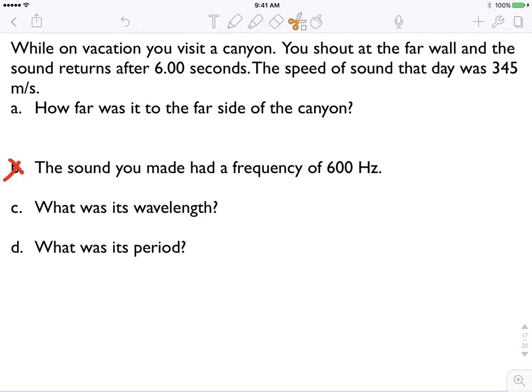First we're going to solve for how far, so delta x. We're going to use what we know. We know time and we know the velocity. Or do we know time? Time is the total time traveled, but we just want to know how far to the side of the canyon.